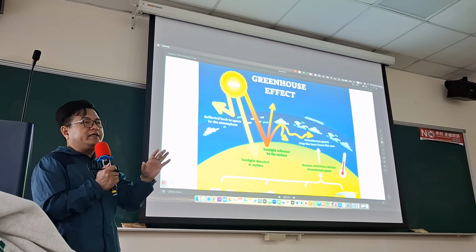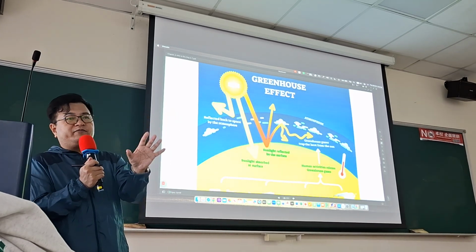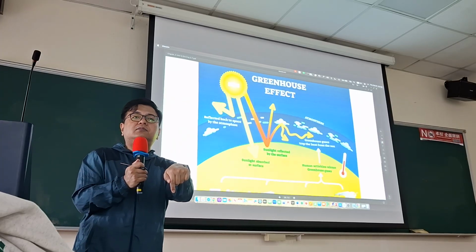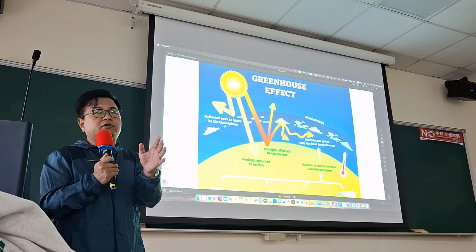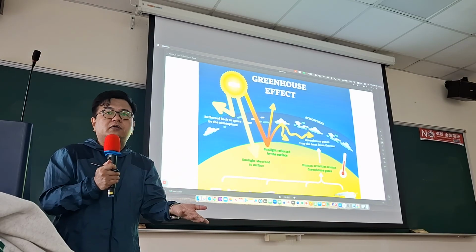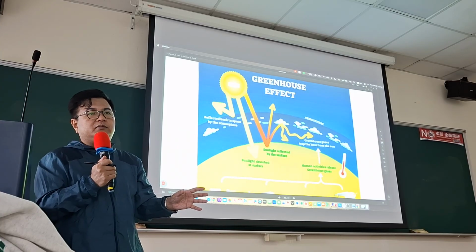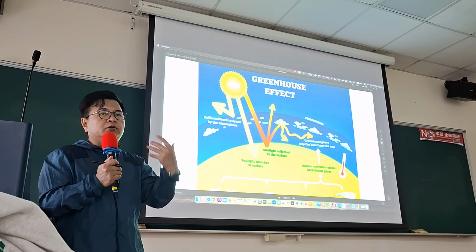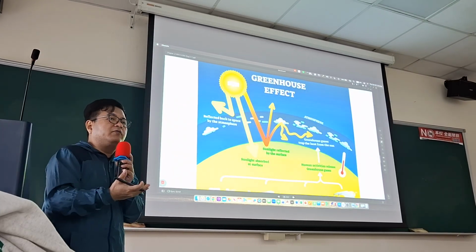Without the greenhouse effect, the temperature right now would probably be minus 30 degrees Celsius, even lower. We human beings cannot live here. Due to the greenhouse effect, the weather is suitable for human beings.